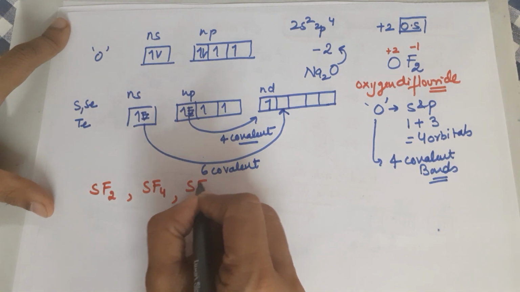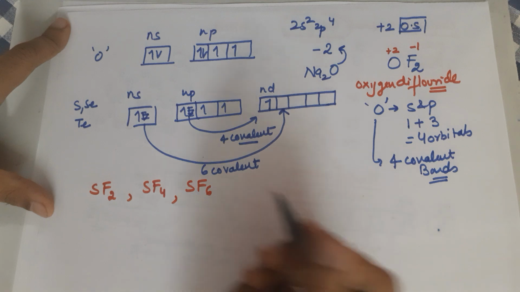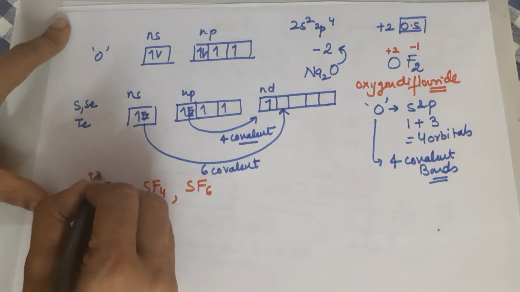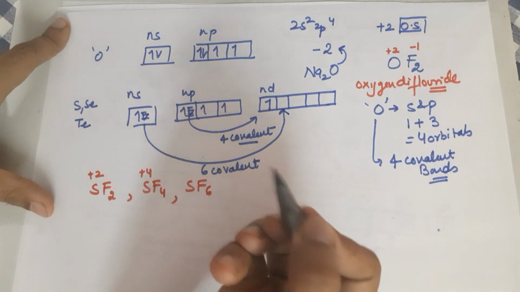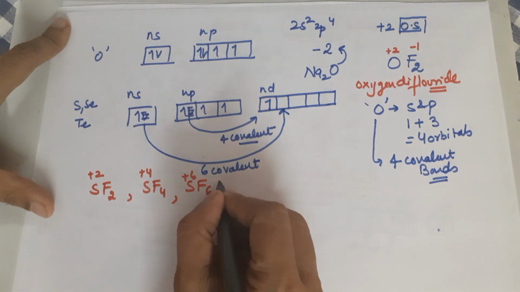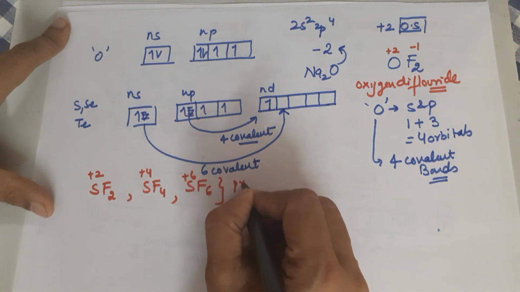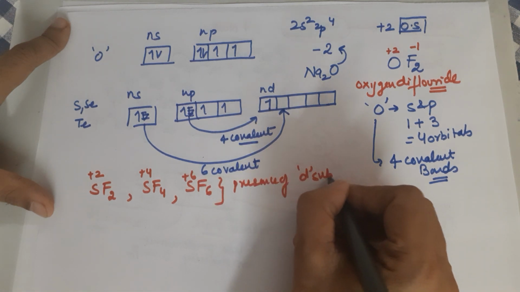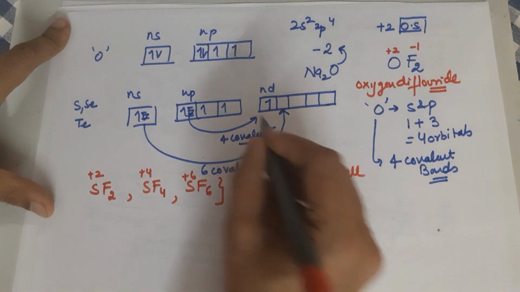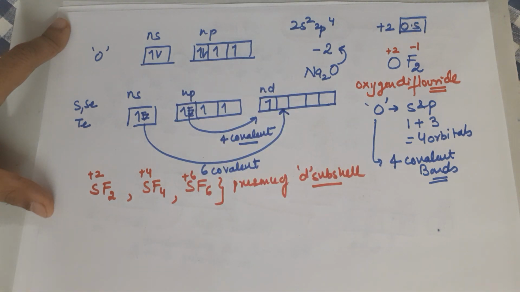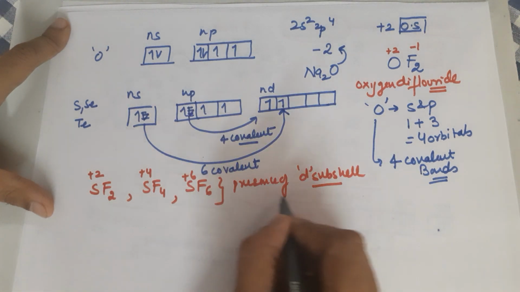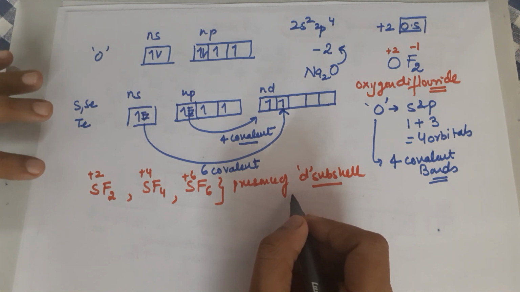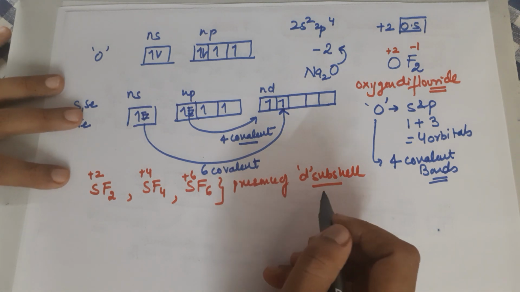You have SF6 also, which clearly shows sulfur can show oxidation states of +2, +4 as well as +6, owing to the presence of the d subshell in its valence shell, which can be used for bond formation. Hence the oxidation state can go beyond, and it can form more bonds than 4.